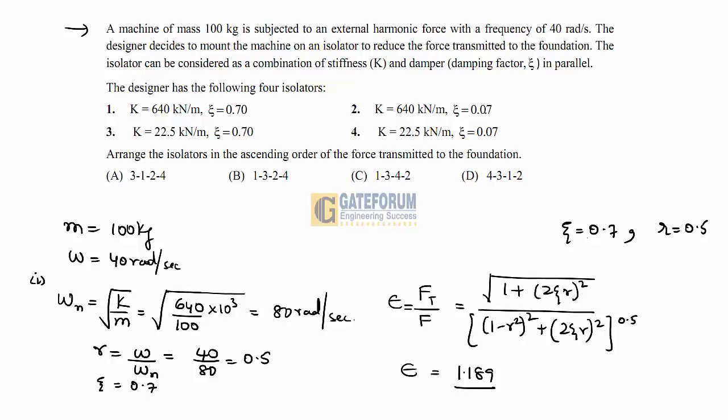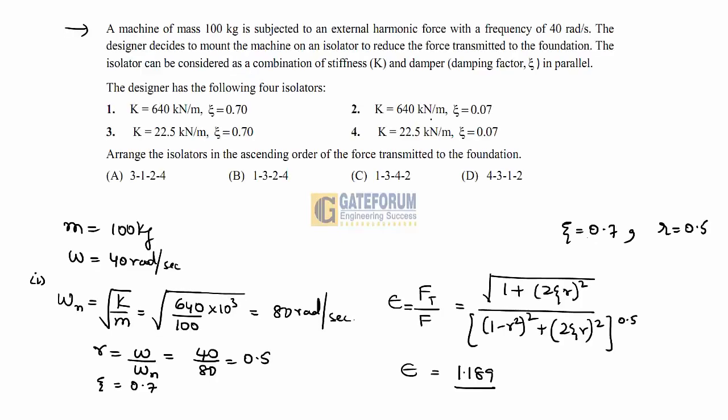Then in the second case, zeta is reduced to 0.07. In case 2, zeta is 0.07 and r is equal to 0.5. Stiffness is not changed.